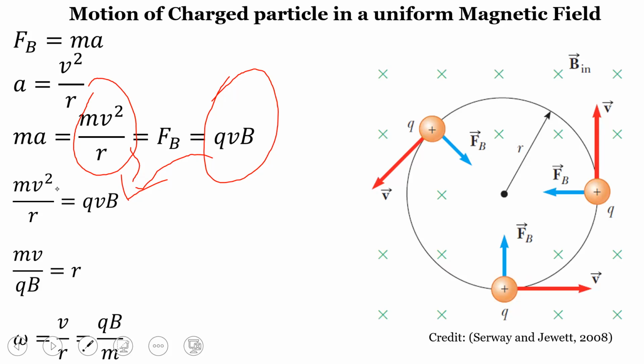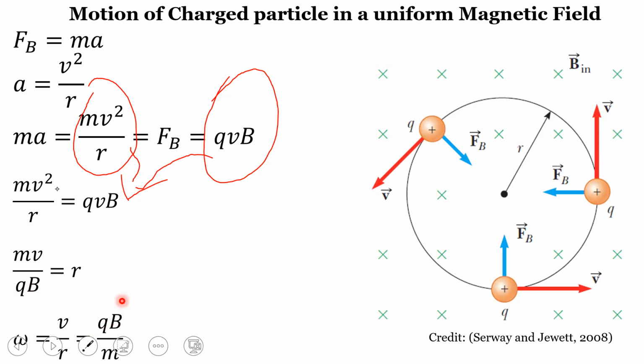So V over R, you must have seen V over R to be equal to omega, which is angular velocity. You must have seen angular velocity in the last semester. And from this expression, when we simplify and get V over R, it will equal qB over m.